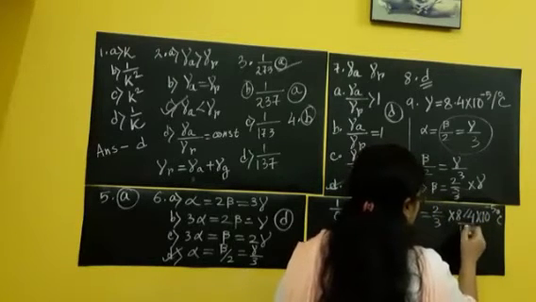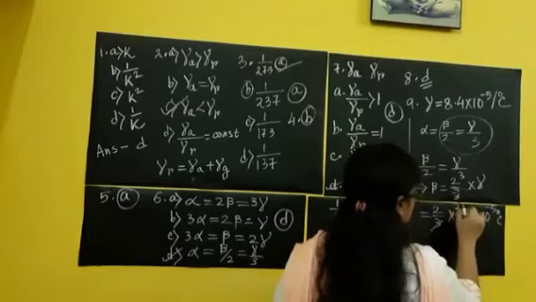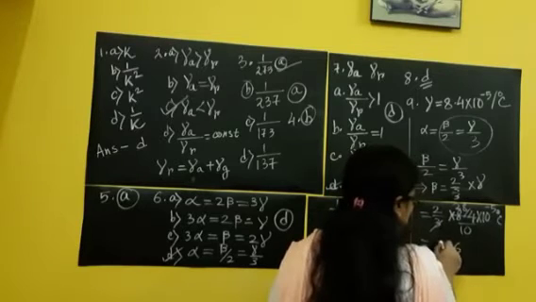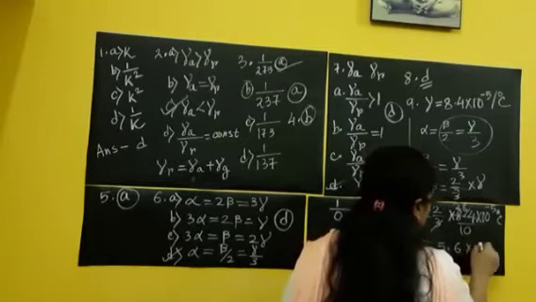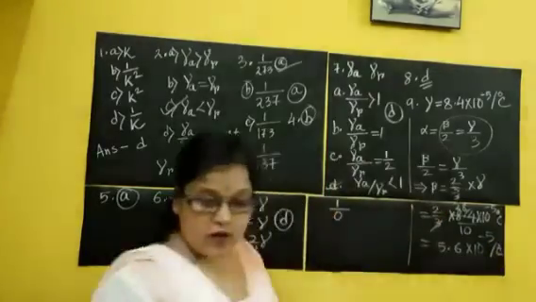That gives 5.6 into 10 to the power minus 5 per degree Celsius.